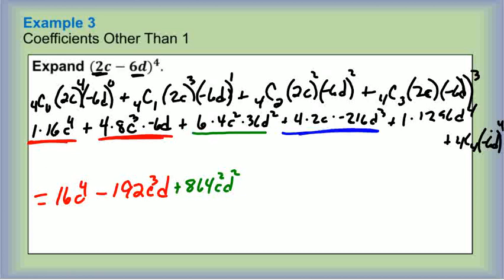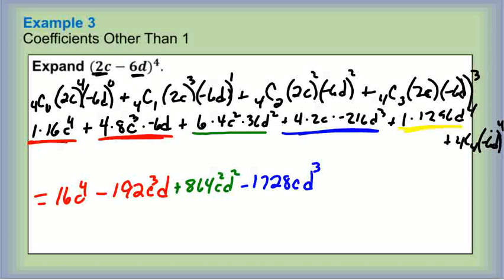Next one, I have 4 times 2 times negative 216 gives us a minus 1,728 c d cubed. Then our next one, this one we got 1 times 1,296.